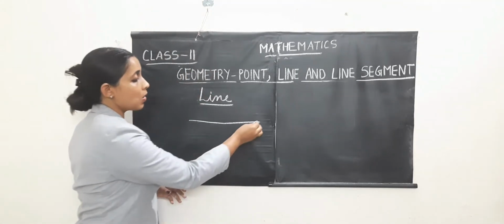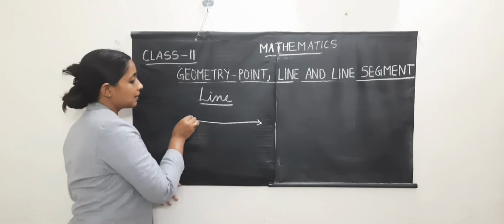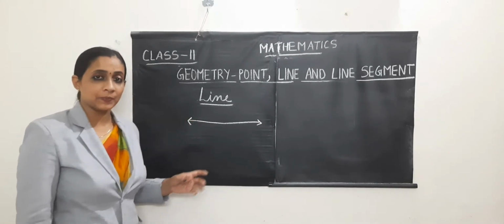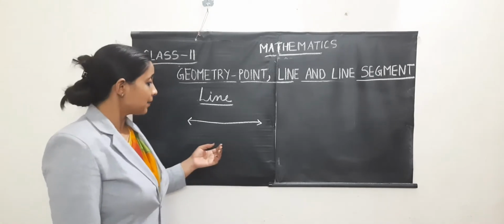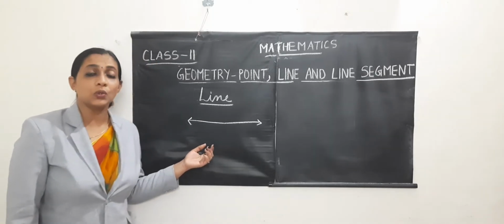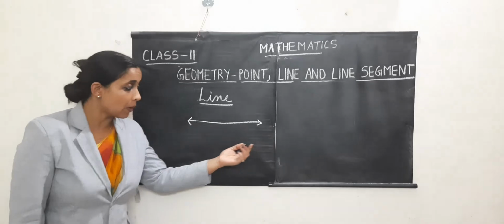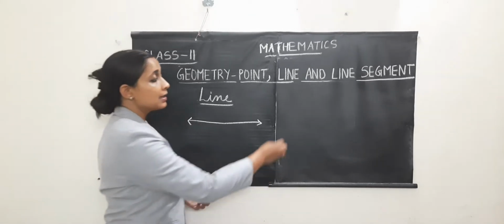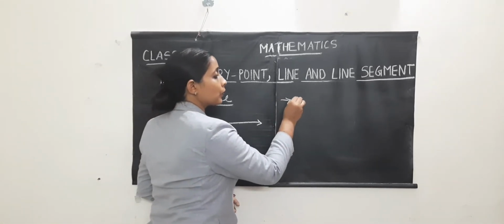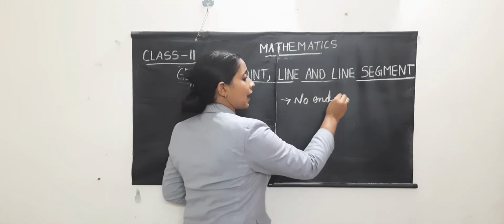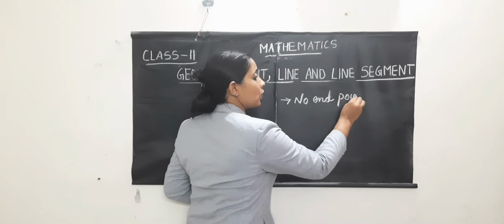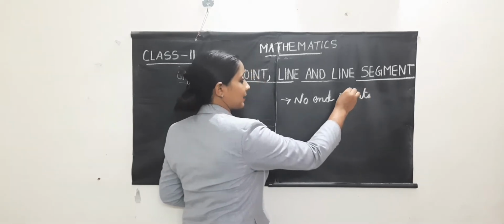You draw a line like this. Now see, for a line you don't have end points. For a line, there are no end points.